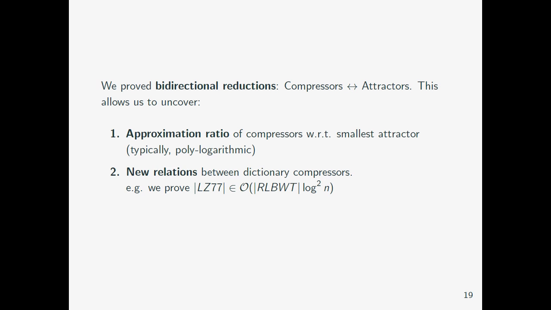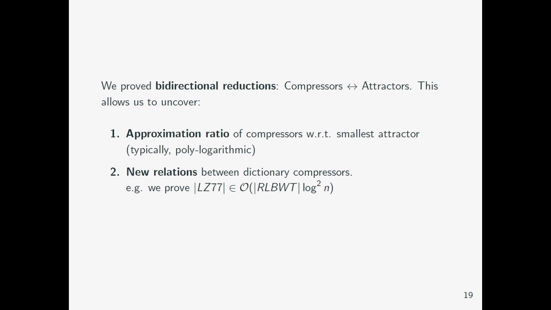We also get some other interesting results. Note that we proved the bidirectional reduction. So we went from attractors to compressors and the other way around. This allows us to uncover, first of all, the approximation ratio of compressors with respect to the smallest attractor. You can actually prove that dictionary compressors are approximation algorithms for the smallest attractor, and the approximation ratios are typically polylogarithmic.